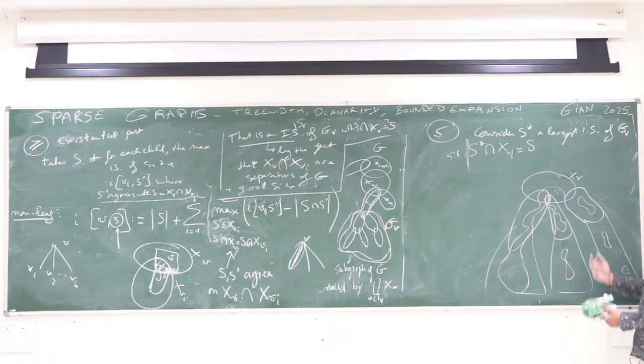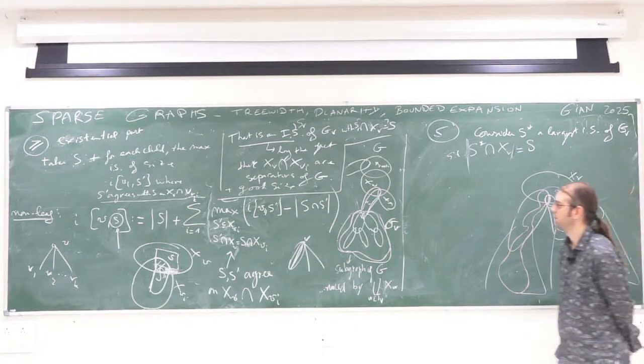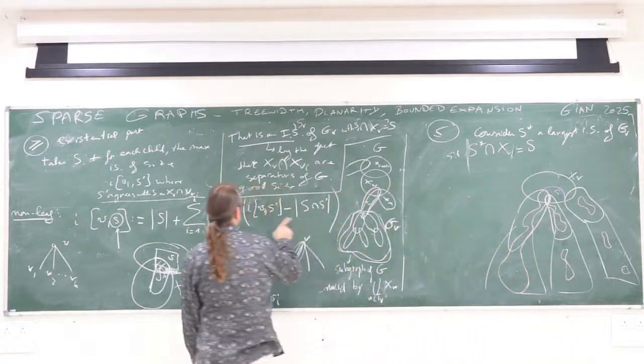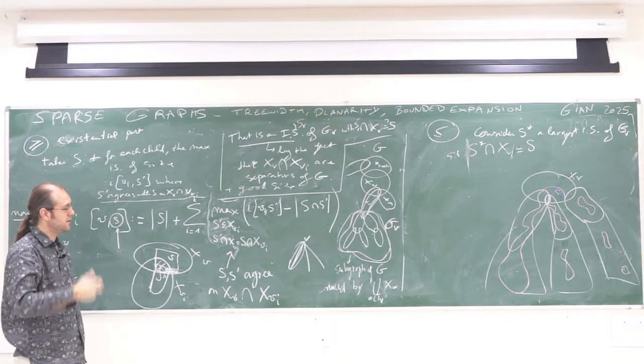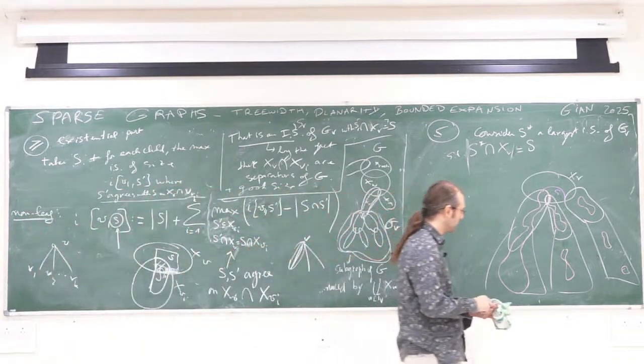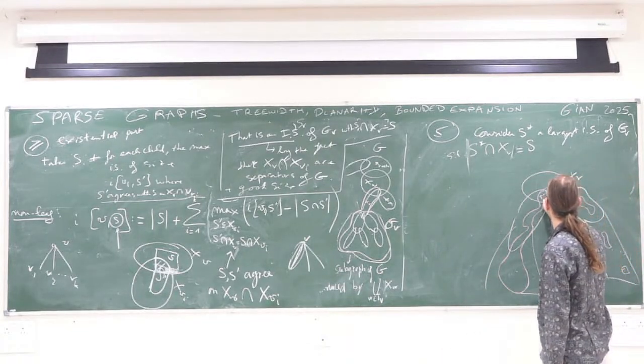This is completely true because just deleting something from the graph, you are not creating any edge, so of course these parts remain independent sets. And by definition of the formula, this part cannot be more than this thing, for a particular S prime. So what you get is this is X prime 1.